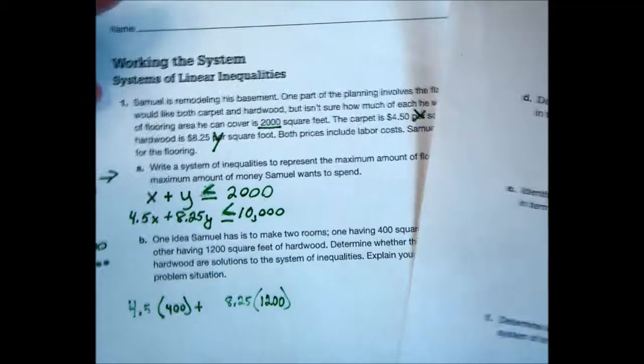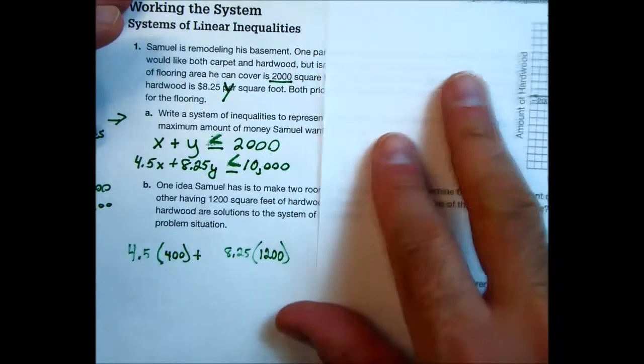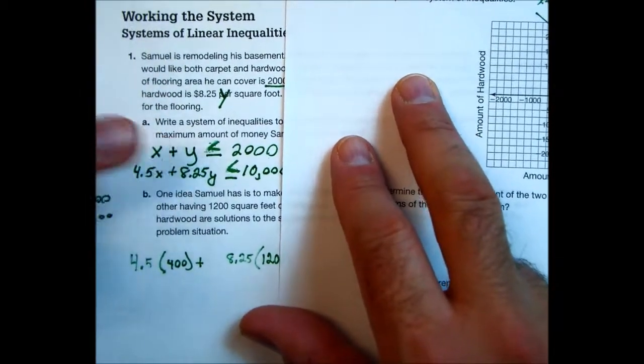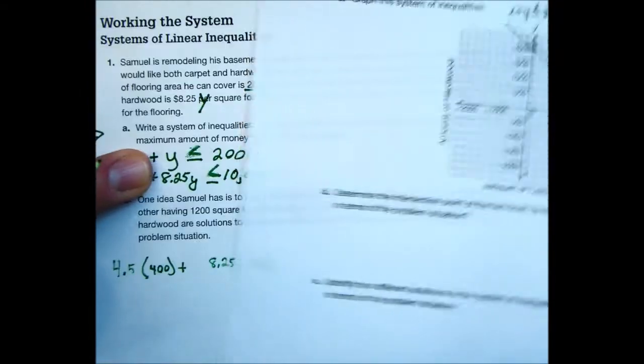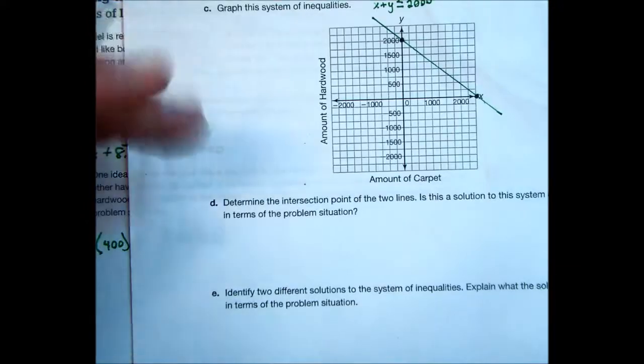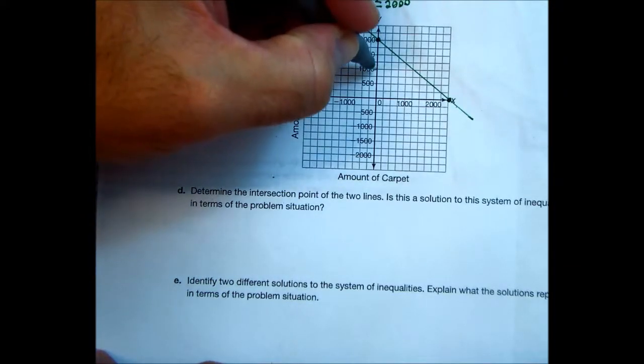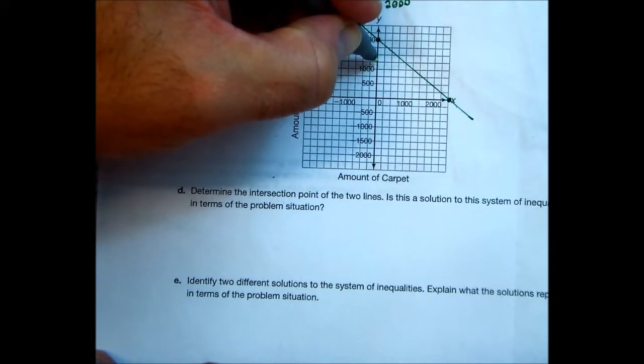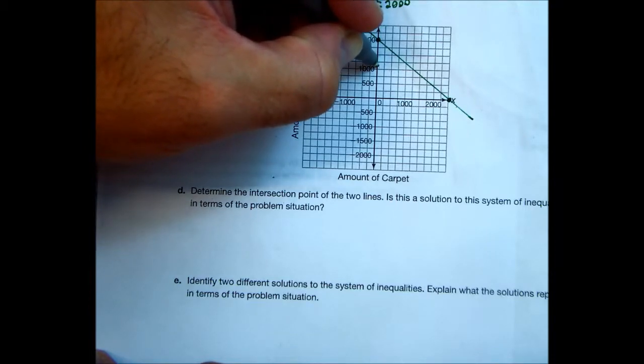Now I'm going to graph my other line. And I'm going to do x-intercept and y-intercept again, because I find that easy, which means I'd cover my x, and I get the y-intercept of 10,000 divided by 8.25, which gives me 12-hundred-something, which would be, in this case, right around here.